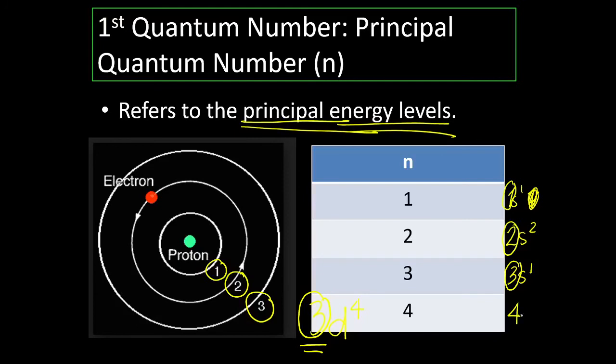Sa 4s1, mao ni energy level. Nya kini siyang mga letter S, pwede na siyang P, pwedeng D, pwedeng F. You already know all those things, okay? So take note, the number na nag-una sa atong SPDF, that is the quantum number. Is that clear, section Emerald?